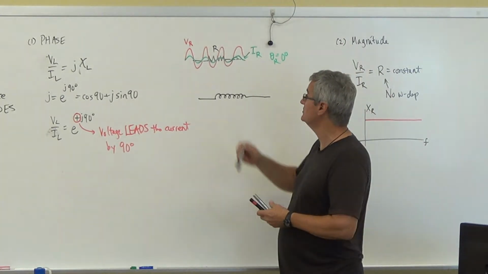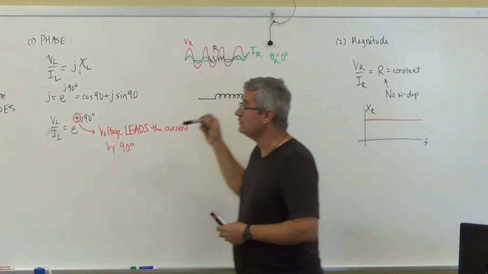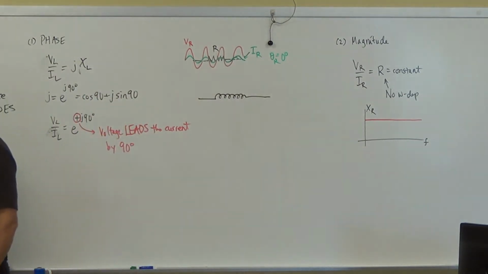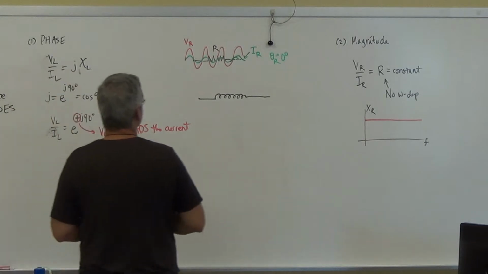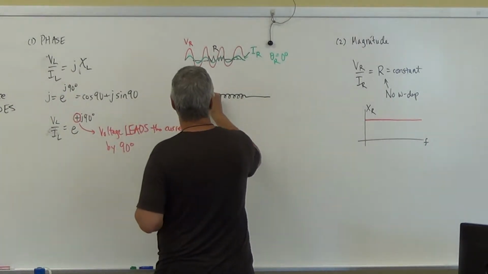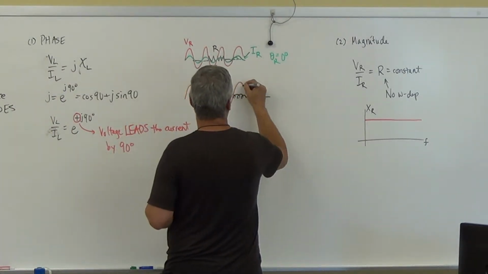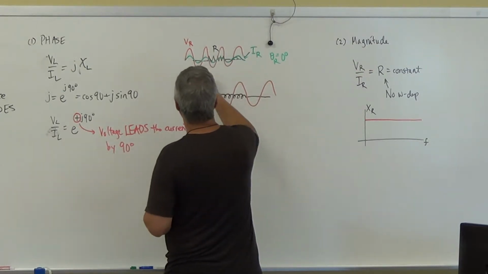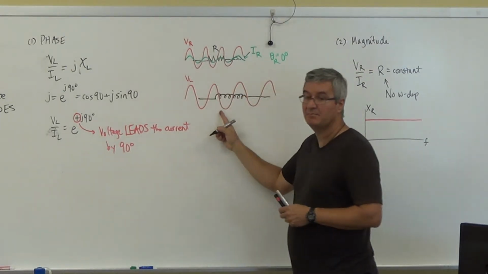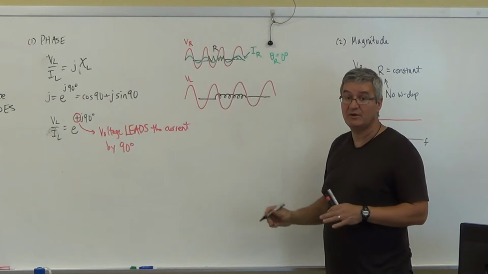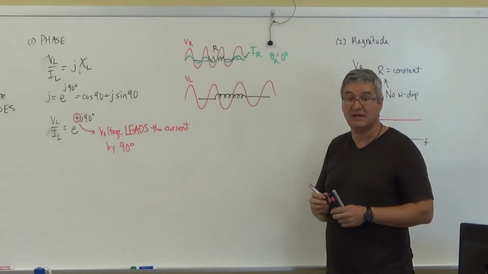What you're seeing here is that the voltage of the inductor is the same as the source. So this is coming in like this. Remember, once again, I'm thinking of this as a point inductor, so I'm not going to worry about what's going on inside.